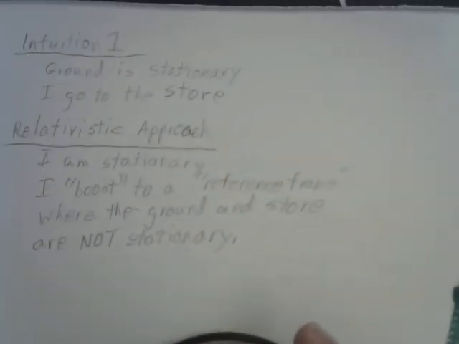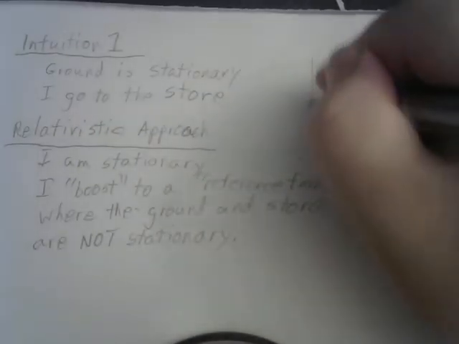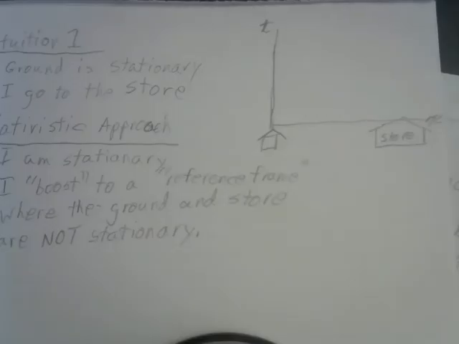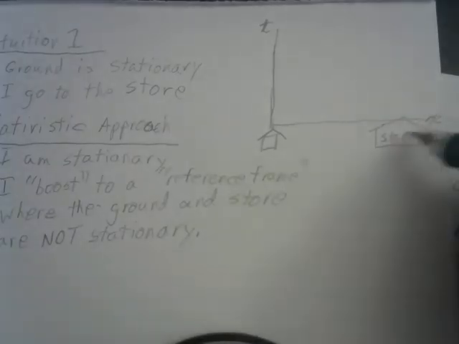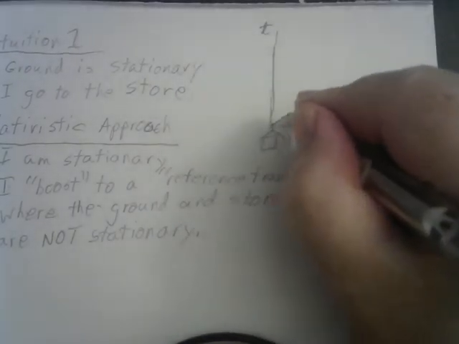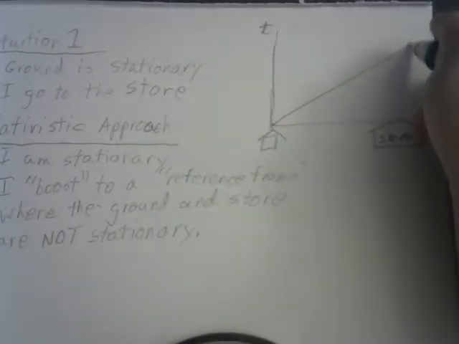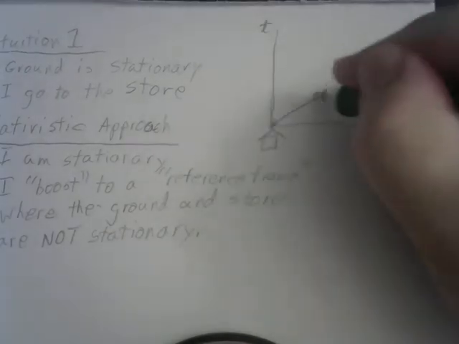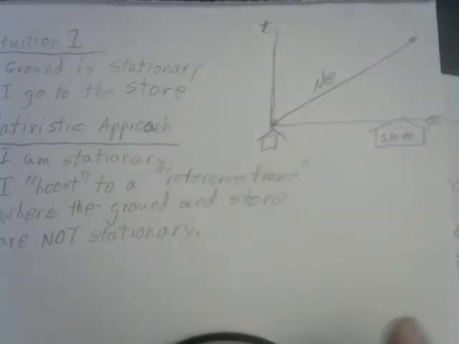So with intuition 1, here's my home, here's the store, this is x, this is time, so I leave my home and I go to the store. And that's my path.